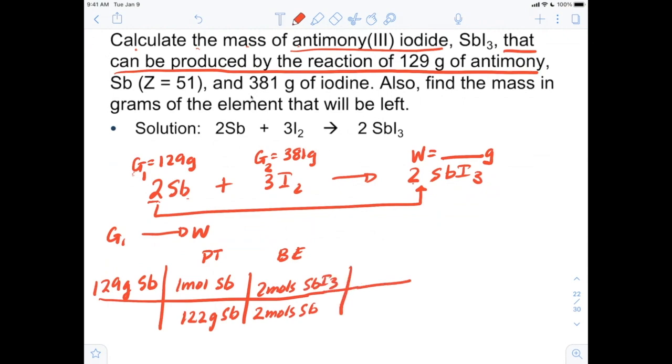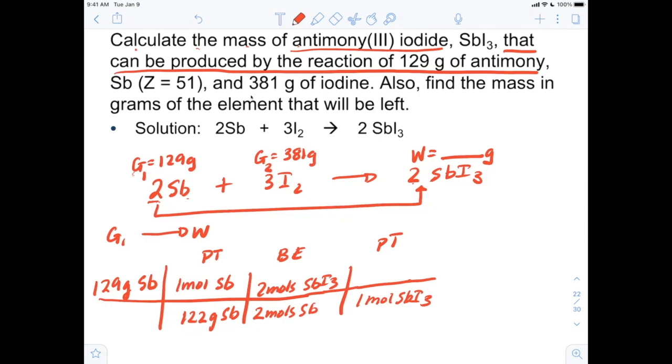Then over here I have another PT conversion. This time it's the PT conversion for the other formula, the wanted, not the given, right? So it's going to be 1 mole of SbI3. We've got to figure out its mass. Pull out the calculator because I ain't doing that by head. I can do it, but it'll take a little longer and I have to verify everything.